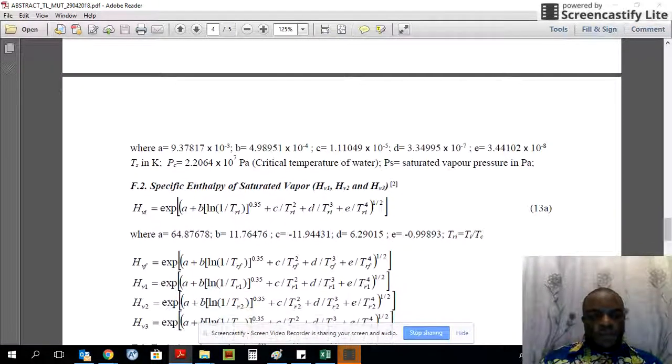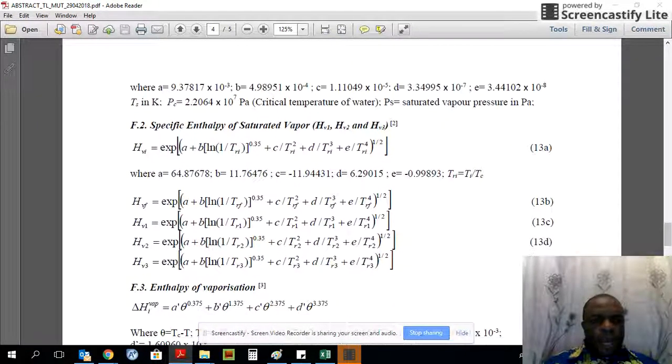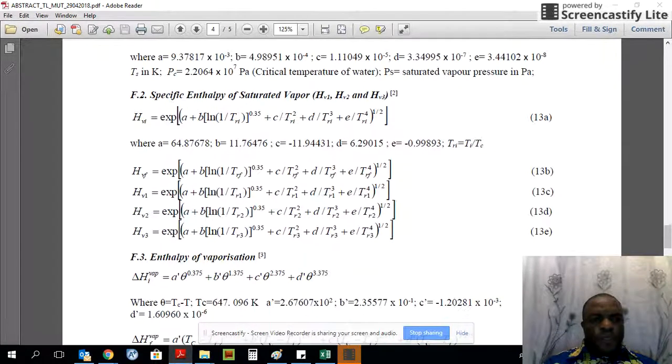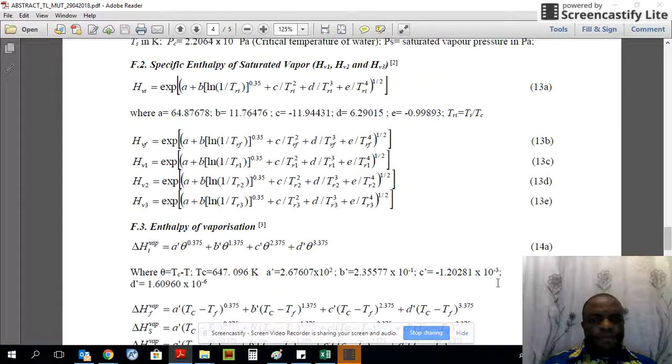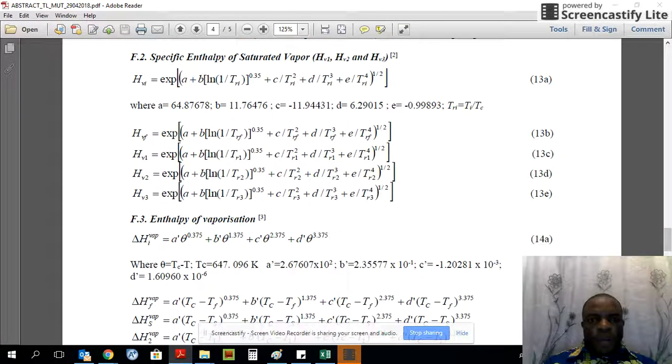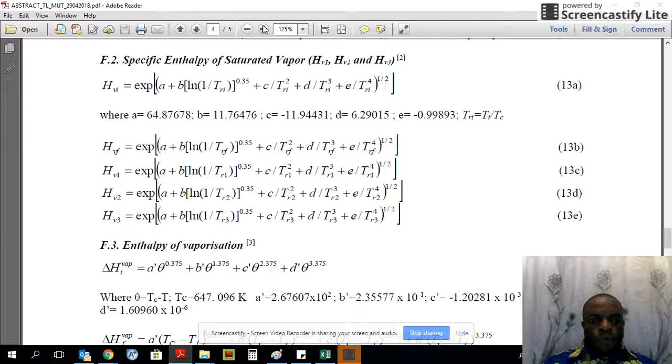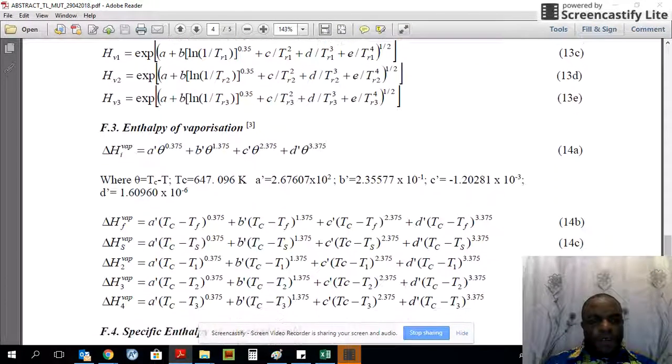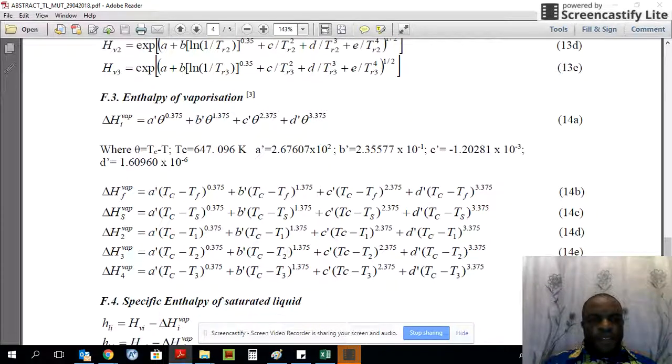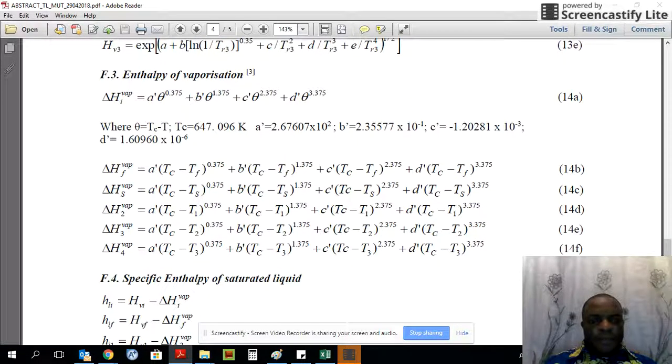Now, still from the literature, we have a formula for specific enthalpy. We also have the formula for enthalpy of vaporization taken from reference 3. You'll discover the reference later.